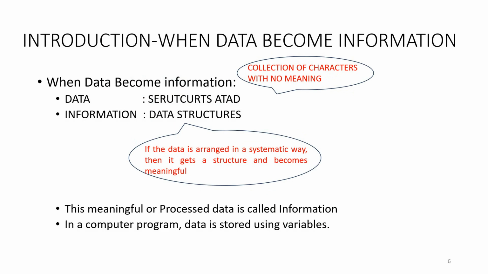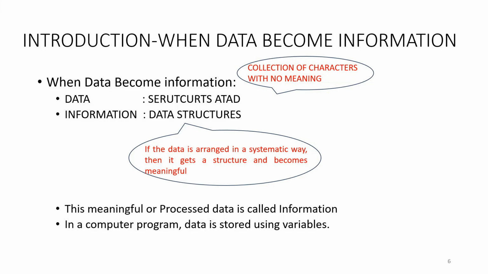At first glance, these characters appear random and do not convey any clear meaning, so they can be represented as raw data. However, when the same characters are arranged in a proper order as DATA STRUCTURES, they form a meaningful term related to computer science. In this case, the data has been organized in a systematic way.